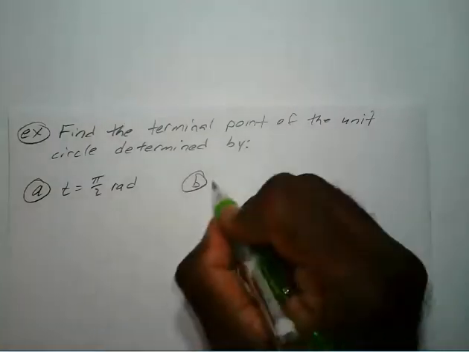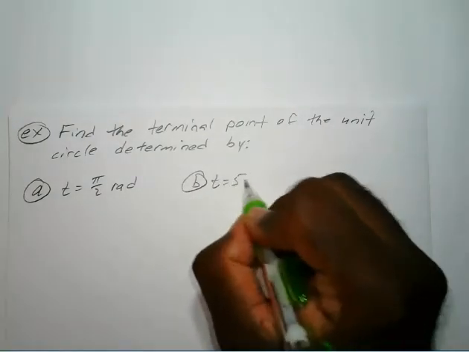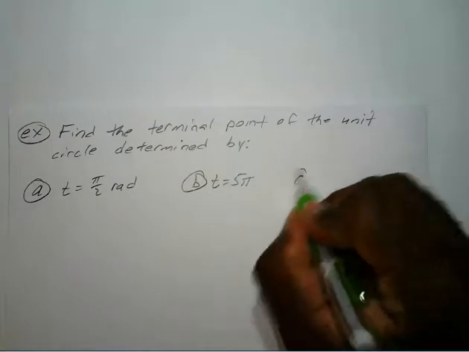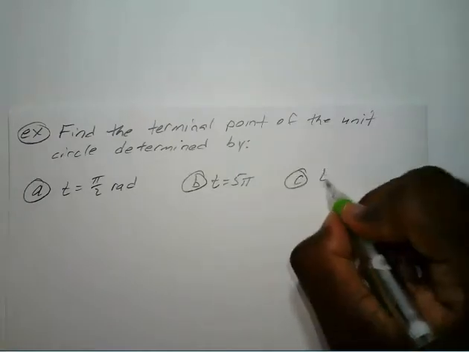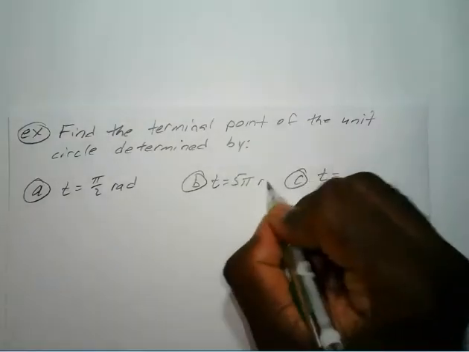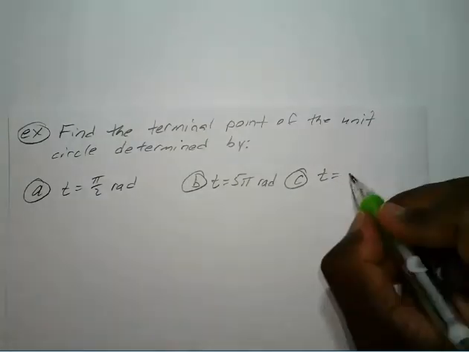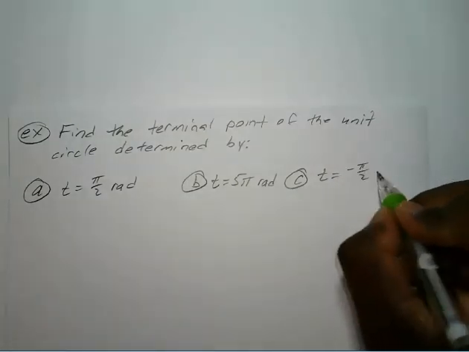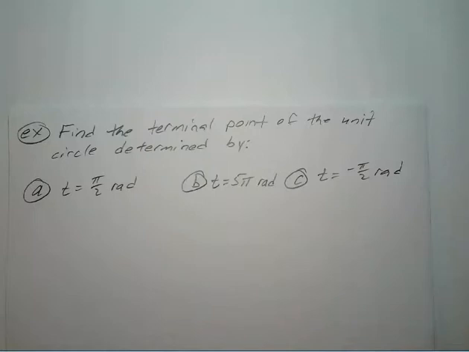Problem B, t equals 5 pi radians. And for problem C, t equals negative pi over 2 radians.